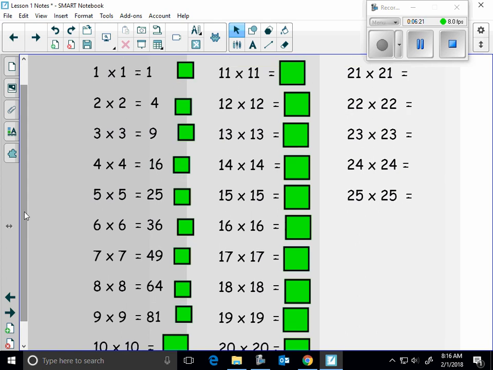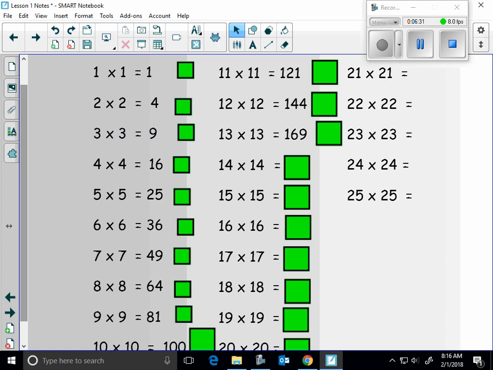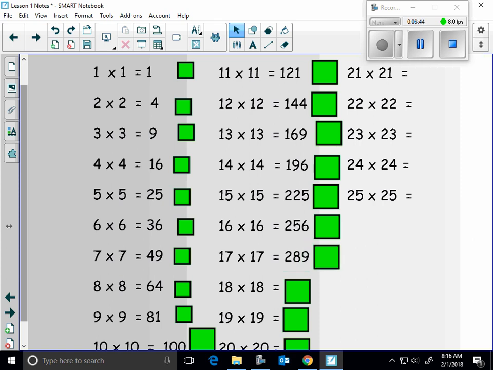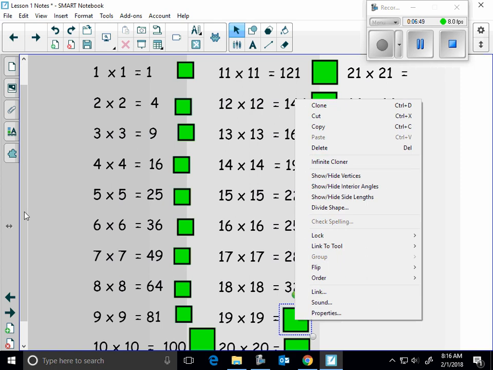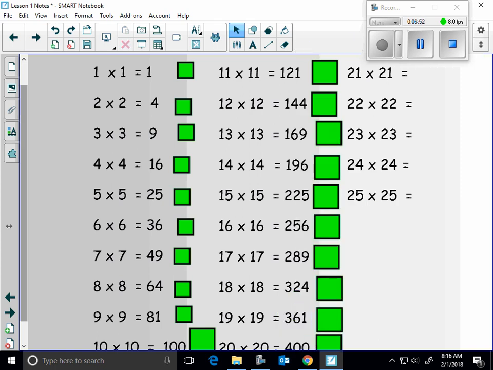This is where students start to get a little bit less confident. 121, 144, 169, 196, 225, 256, 289, 324, 361, 400. Oh, now what? 441.